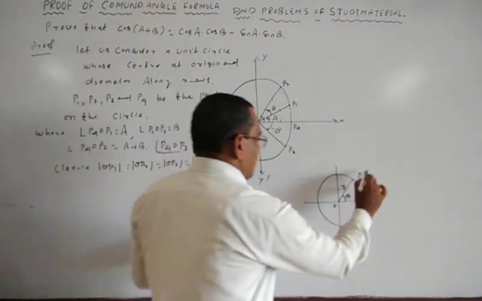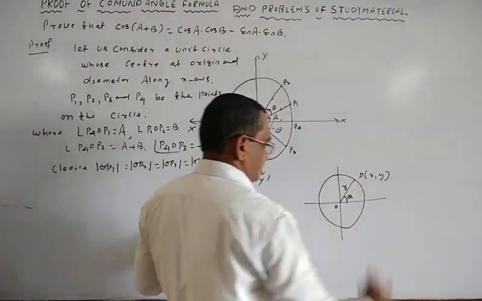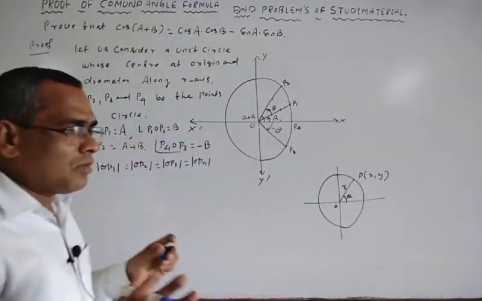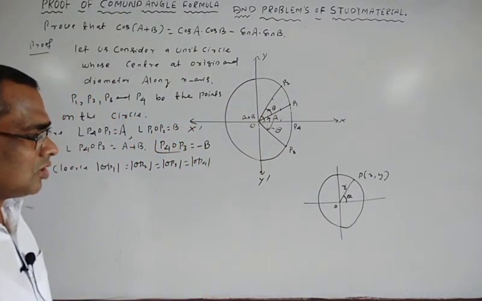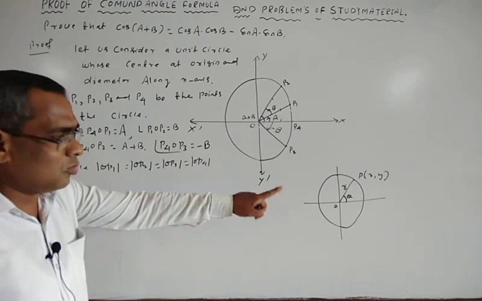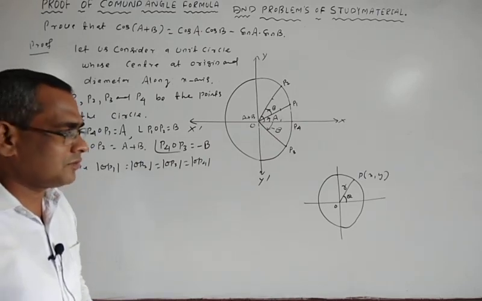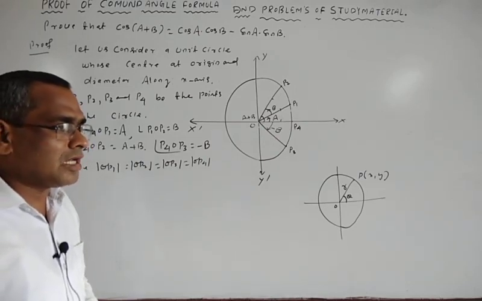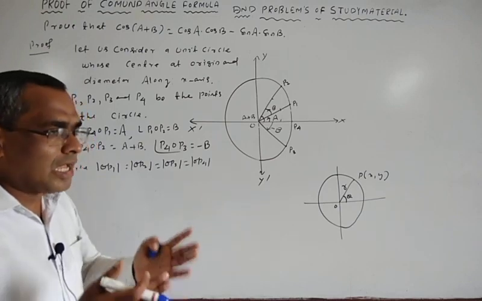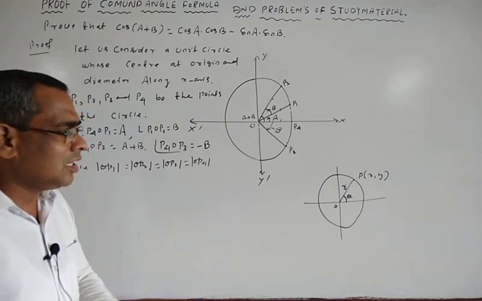Suppose the coordinate of the point P is x comma y. Let P of x comma y be a point on the circle whose center is at origin and radius is R. So actually we find what is the value of x and what is the value of y in terms of r and theta.